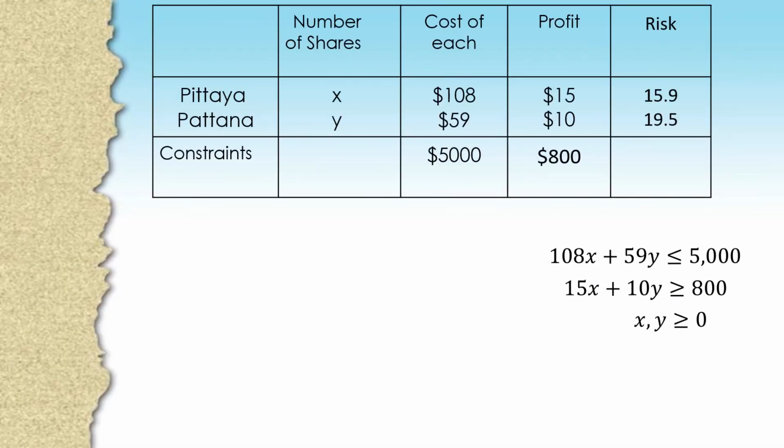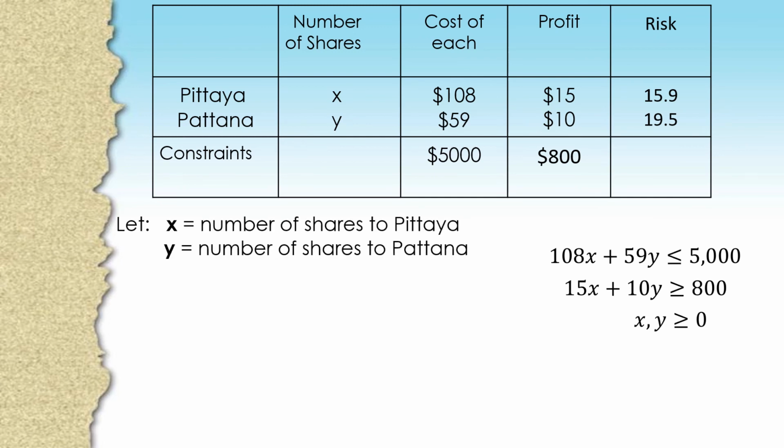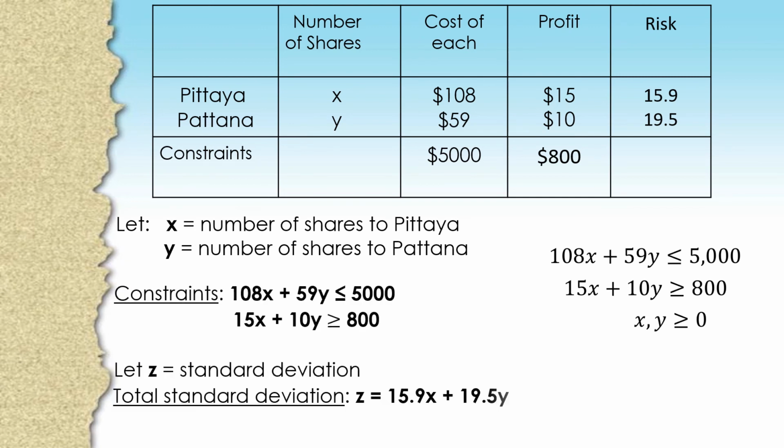So in here, first we are going to make a table and then let X be the number of shares of Pitaya and let Y be the number of shares of Patana. So these are the following constraints. 108X plus 59Y is less than or equal to 5,000, and then 15X plus 10Y greater than or equal to 800.